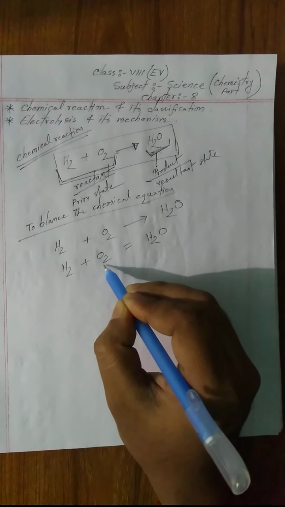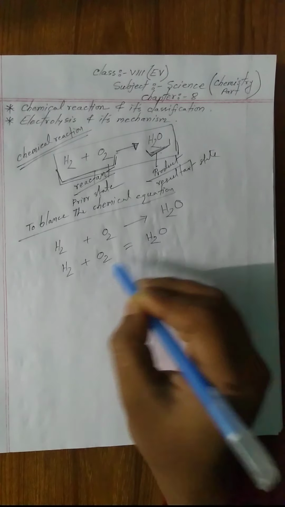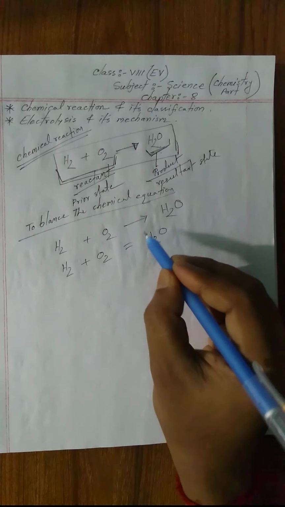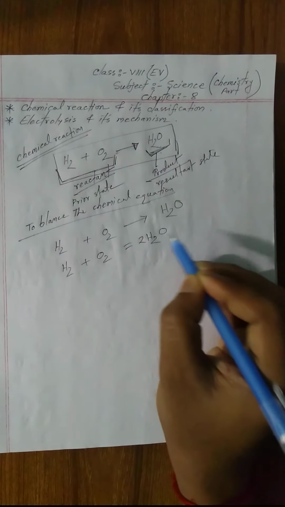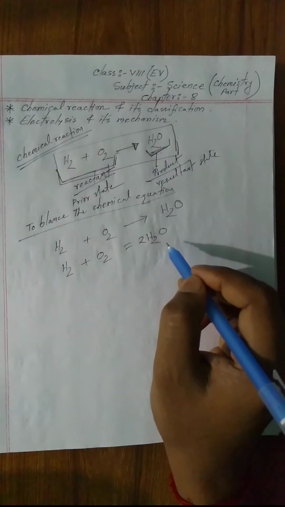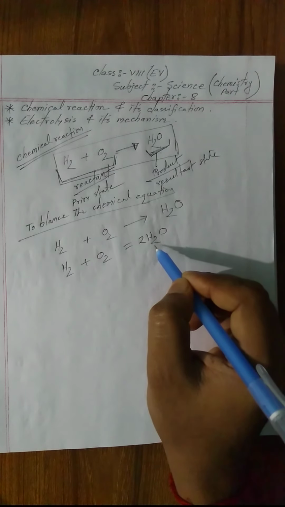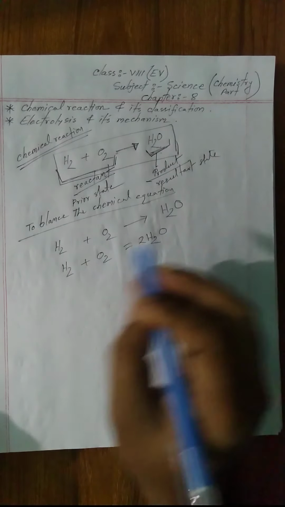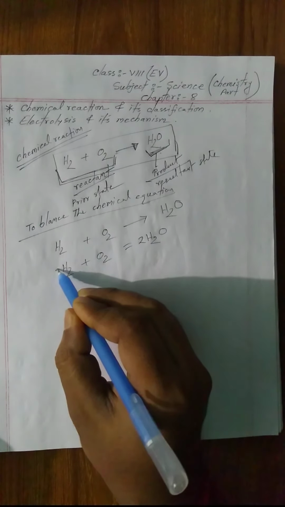in this case oxygen is 2, but in the product oxygen is 1, so we have to multiply by 2. After multiplying by 2, hydrogen will be 4, so to equalize we have to multiply by 2.